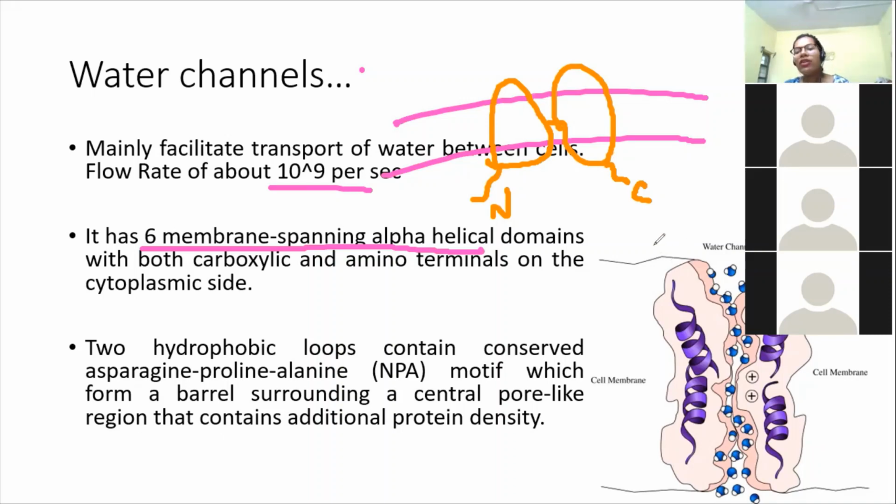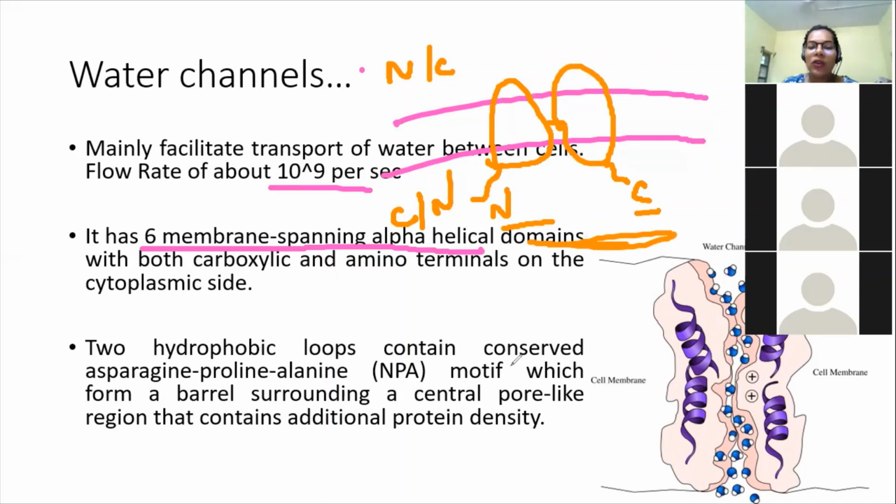Till now, whatever receptors or channels we were talking about, either they had N this side or C this side, or vice versa. But in the case of aquaporins, both the carboxyl and the amino terminals are present on the cytoplasmic side.